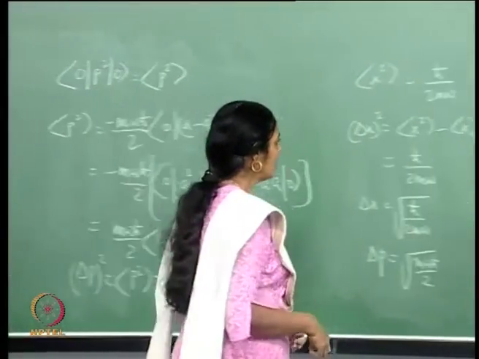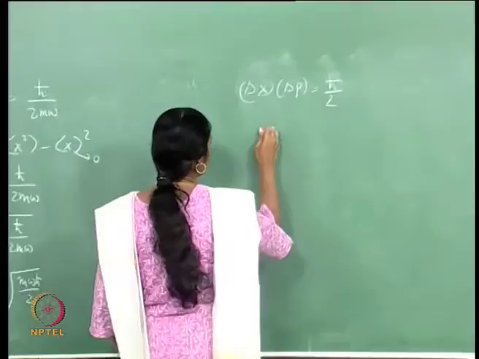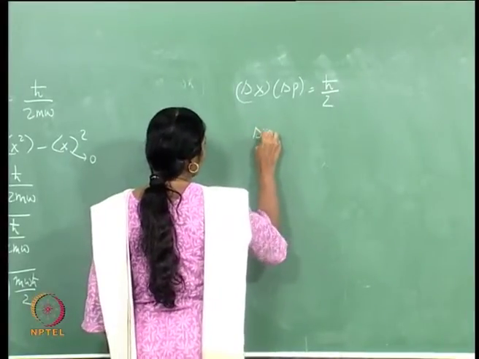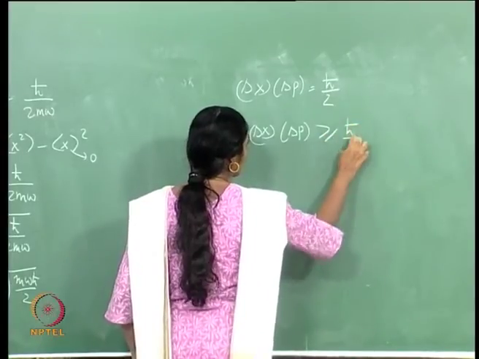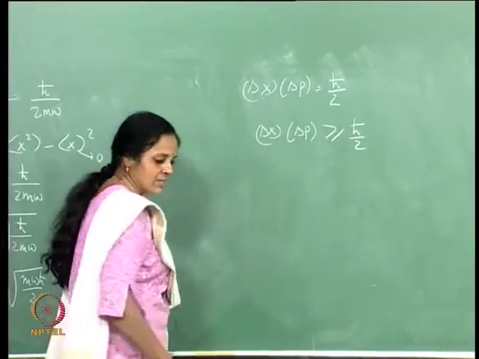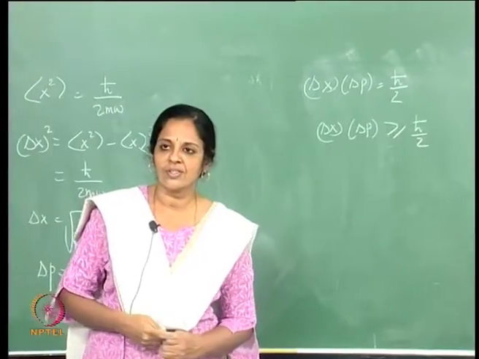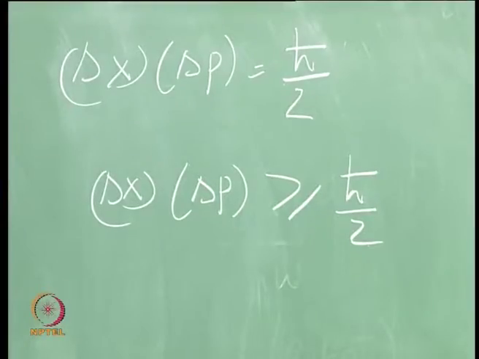You would recall that the uncertainty principle told us that delta x delta p would be greater than or equal to h cross by 2. Now, here is a state, the ground state of the simple harmonic oscillator, where delta x delta p is equal to h cross by 2. The equality holds. What does that mean?